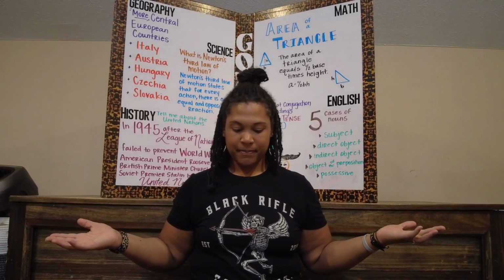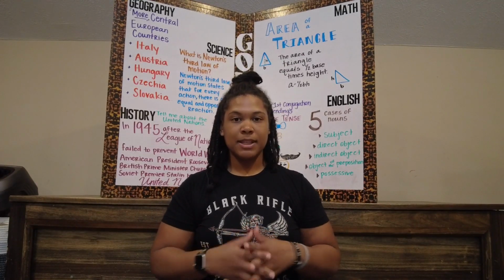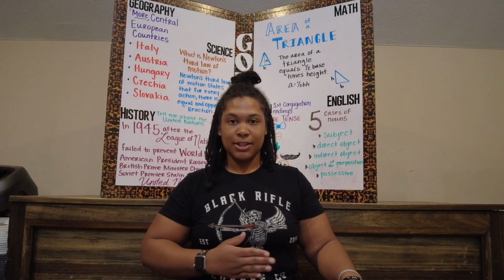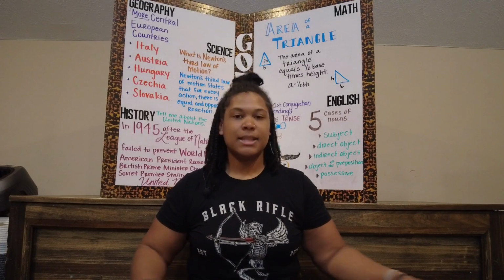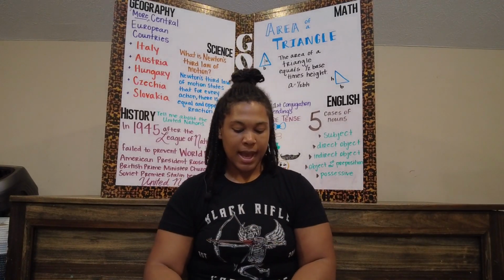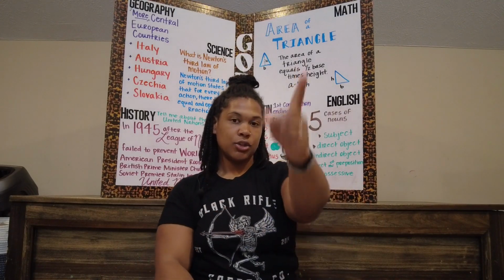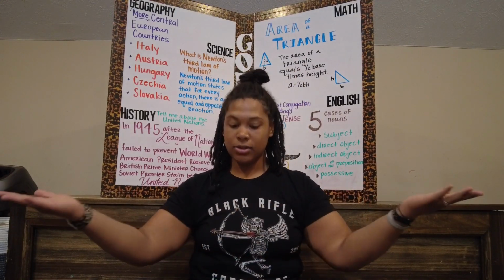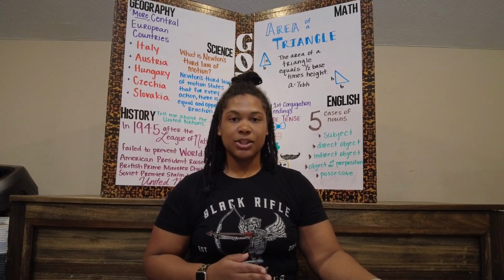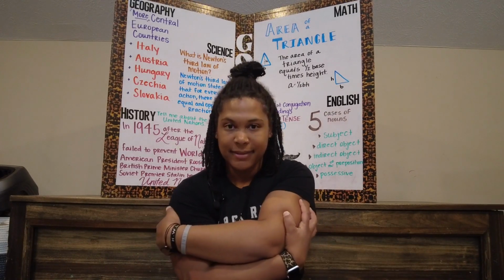Then for object of the preposition, we pat our bellies. And then for possessive, you just hug yourself and pull it to you. So we have subject, direct object, indirect object, object of the preposition, and possessive.